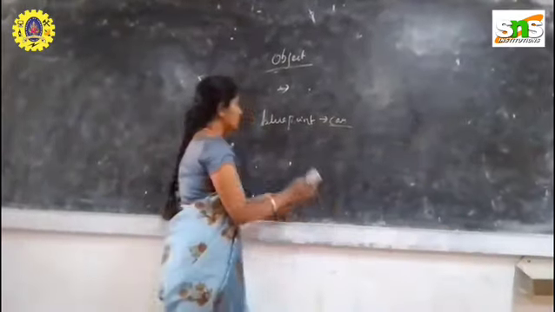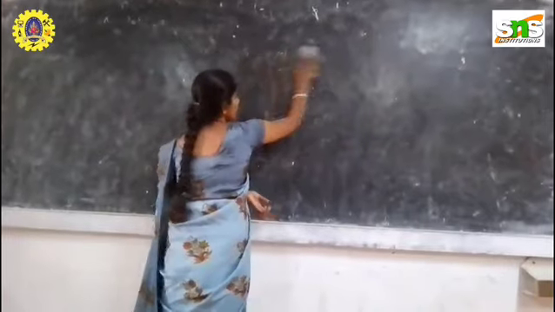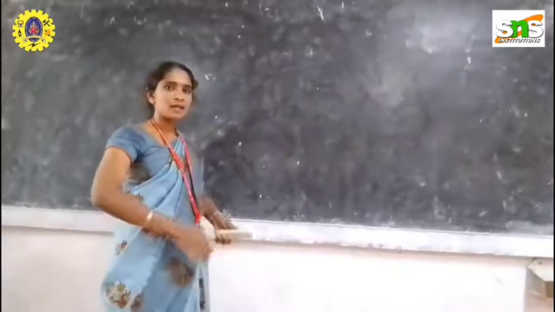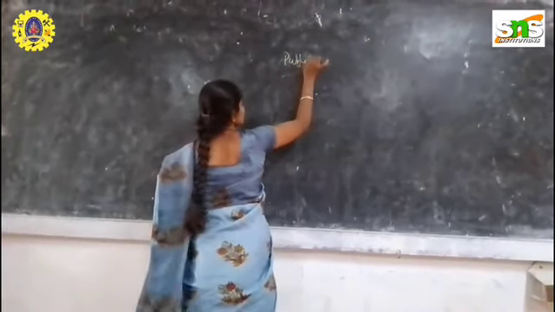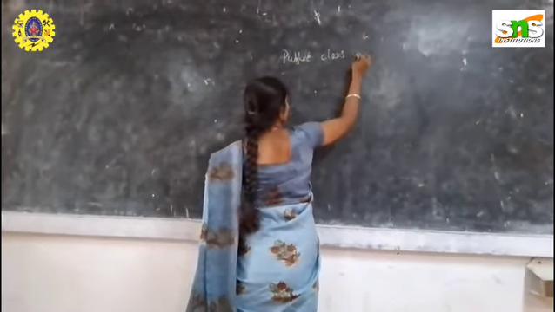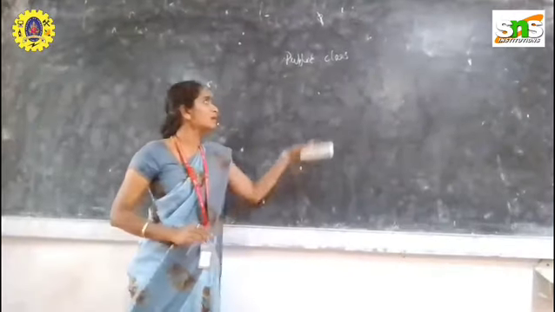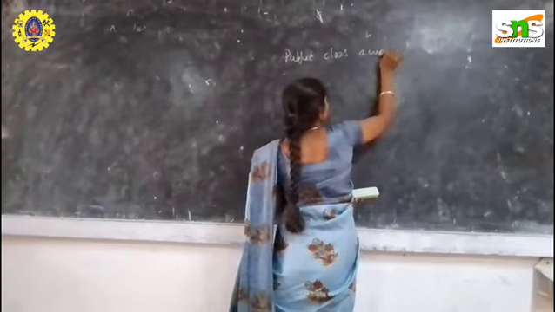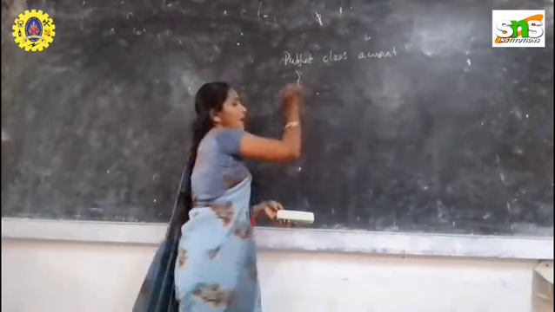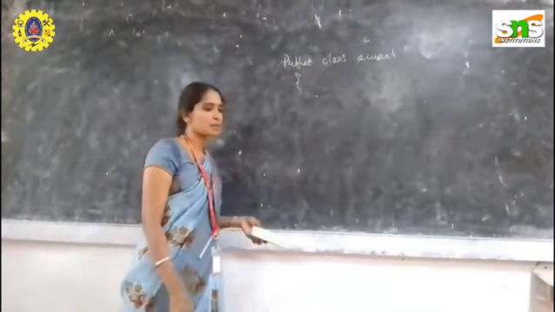I have created an object using an example. Now I create a class for a bank: public class Account. Under this class name, I have to create the attributes and methods.